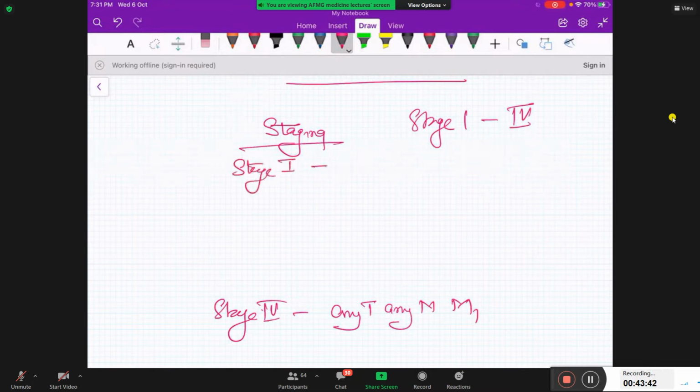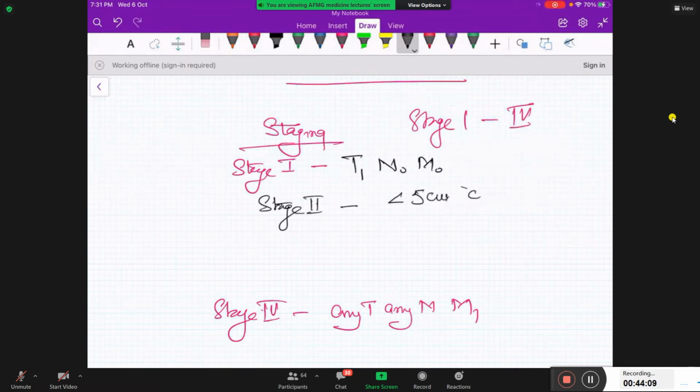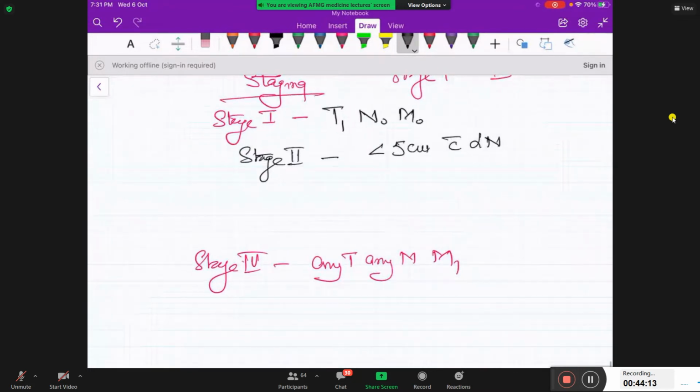Stage 1 is always T1 N0 M0. Stage 2 is any lump less than 5 centimeter with lymph node, or any lump more than 2 centimeter without lymph node.